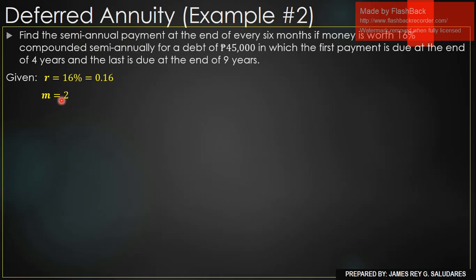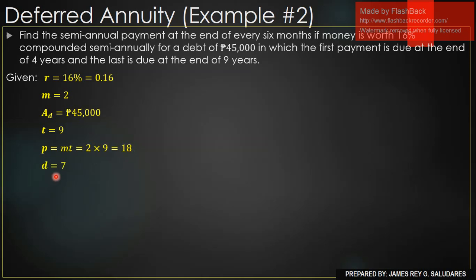The present value of your annuity is 45,000. We use subscript D since this problem is a deferred annuity. And your time is 9 years. Your P is M times T, so 2 times 9. So your P, small letter p, is 18.